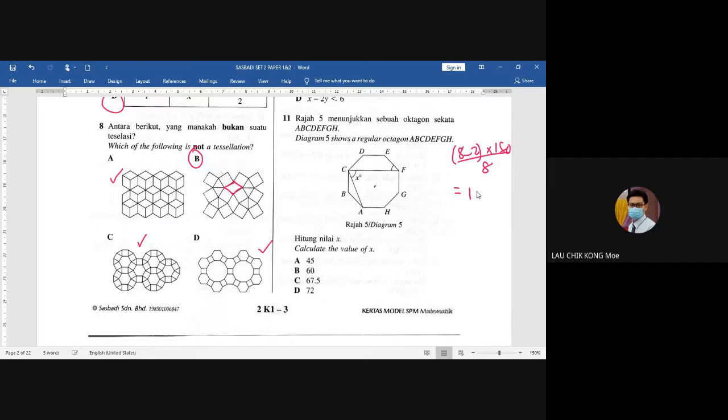So the interior angle for the regular octagon is 135. Everyone is 135: 135, 135, 135. So I know that this one is 135 also, and these are equal. So what is the angle here? 135. Also this one is 135.